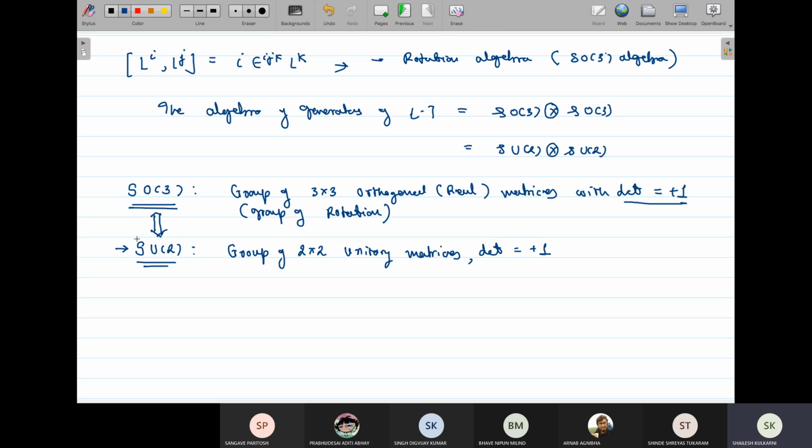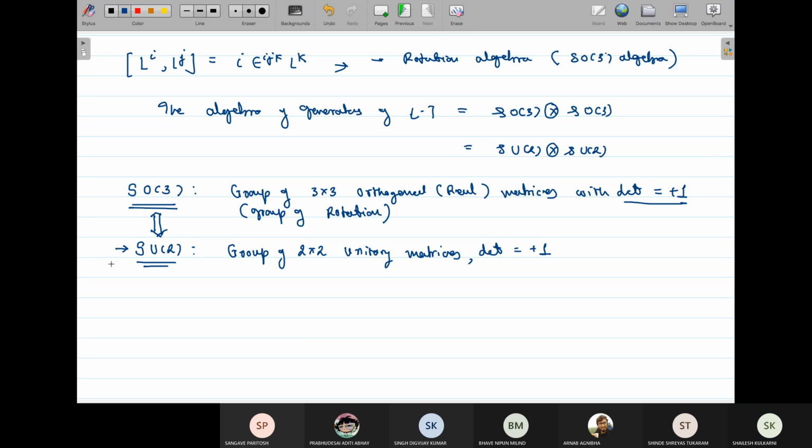Why am I telling you this? Because in the case of spin, you have these Pauli spin matrices. Those matrices are not unitary matrices. They are complex matrices, they are traceless Hermitian matrices.